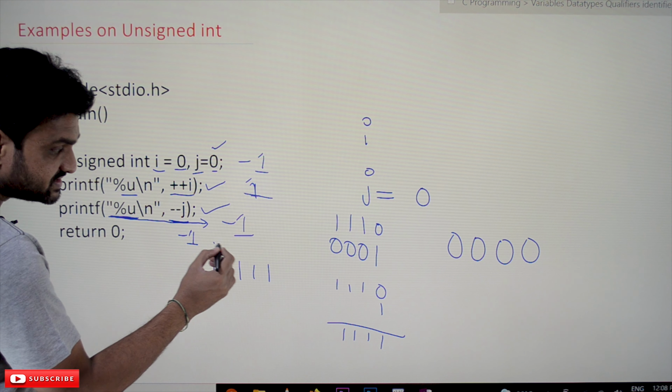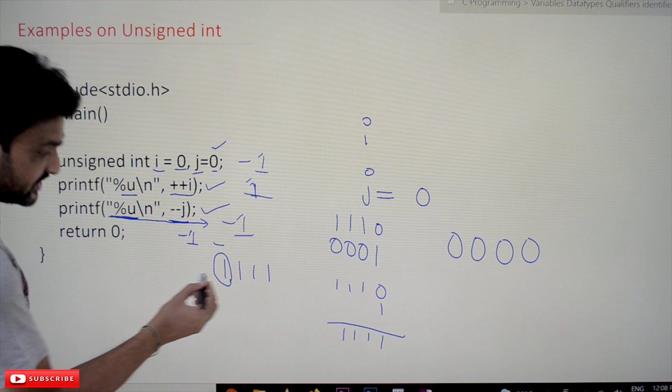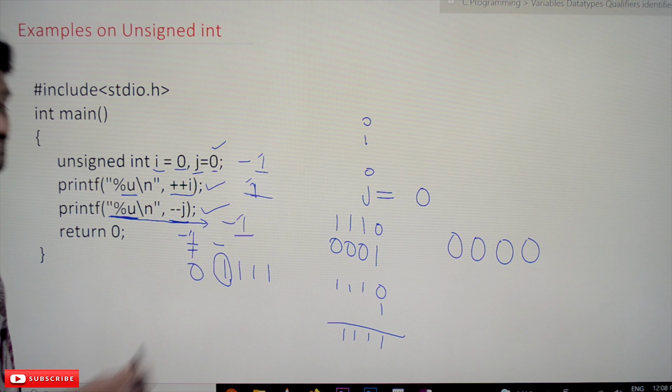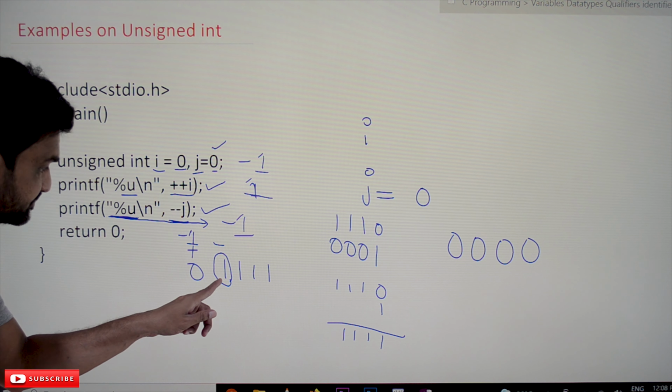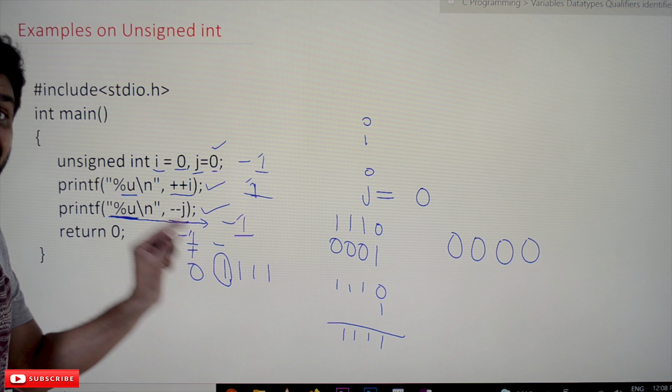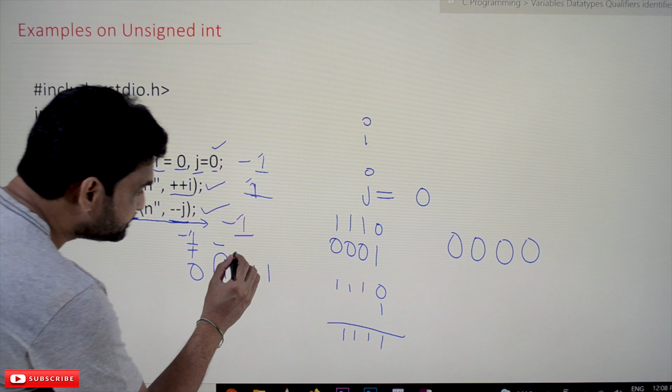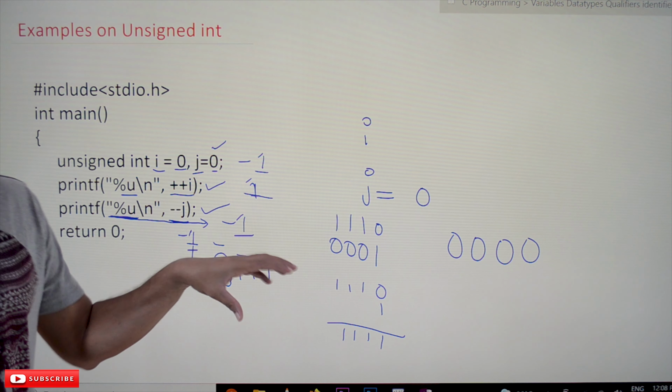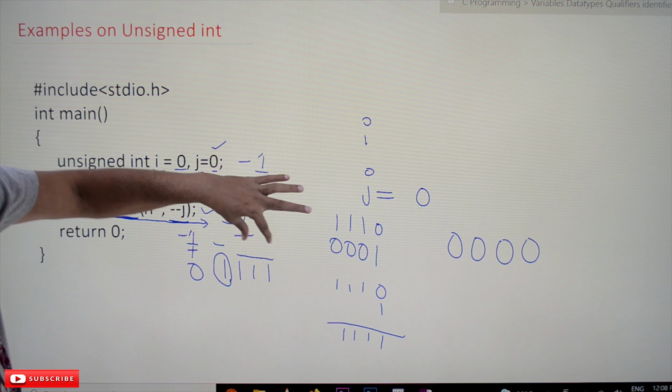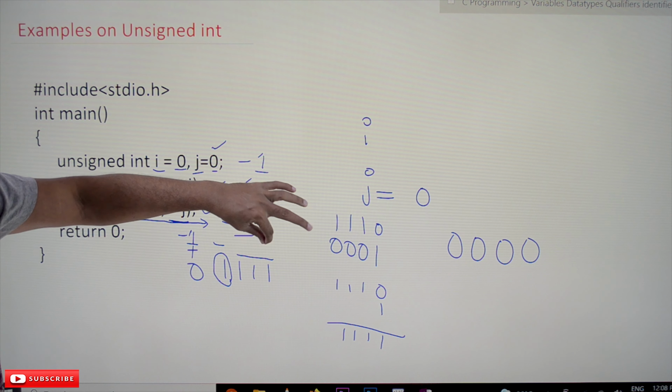If it is 1, it is considered as minus. If it is 0, it is considered as plus. This last bit is used for sign, and the other 3 bits are used for magnitude.